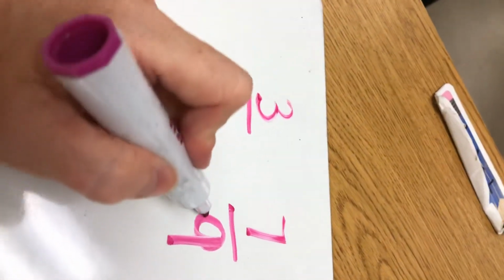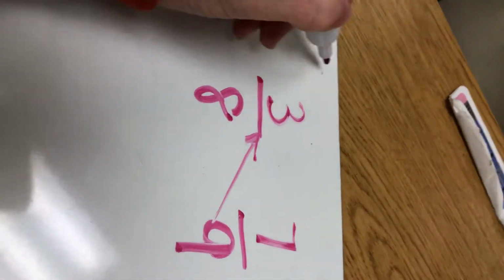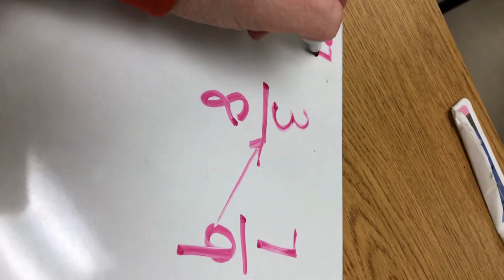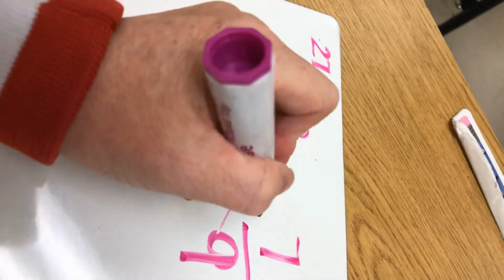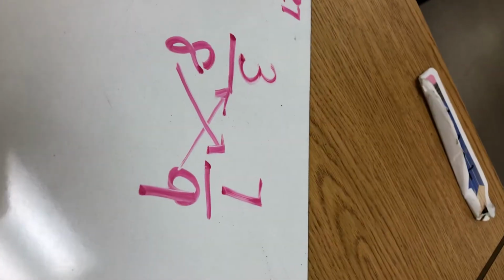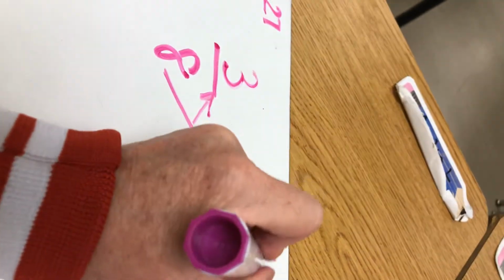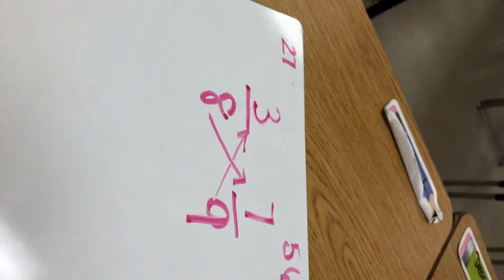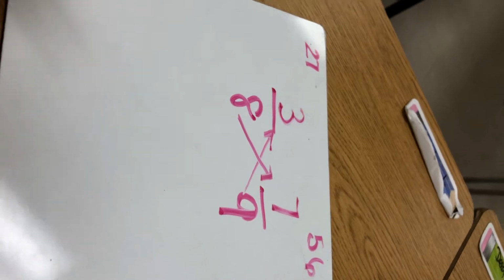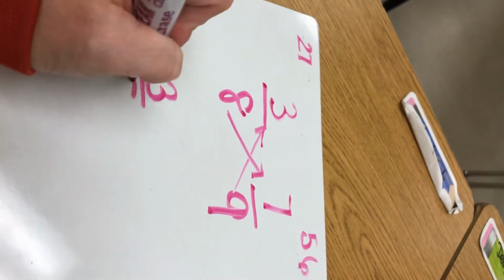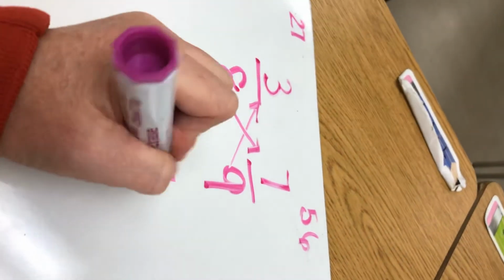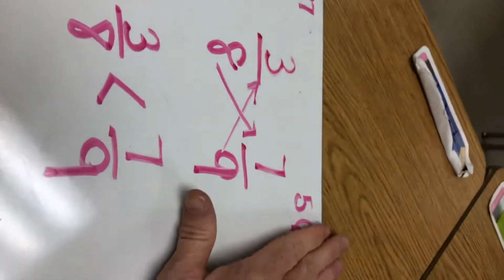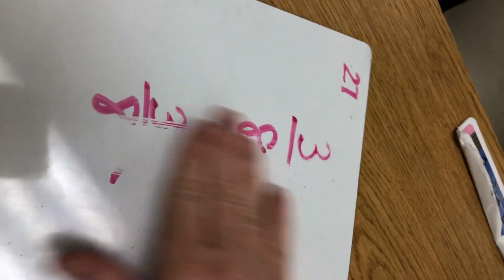Start with your bottom, go up, multiply with your 3. 9 times 3 is 27. And then 8 times 7 is 56. So which one's larger, 56 or 27? 56. So 3/8 is less than 7/9. All right, very good. Would probably have been a good idea if I had gotten an eraser.